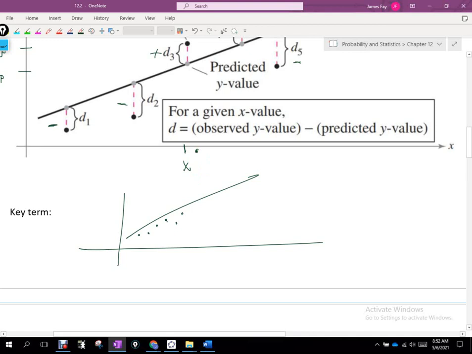That line is not the best fit line for that data, because we basically have one data point counteracting 6 data points. Does that make sense? So that's another reason why we don't want to just add the differences up, but we want to square them and then look for the minimum sum.